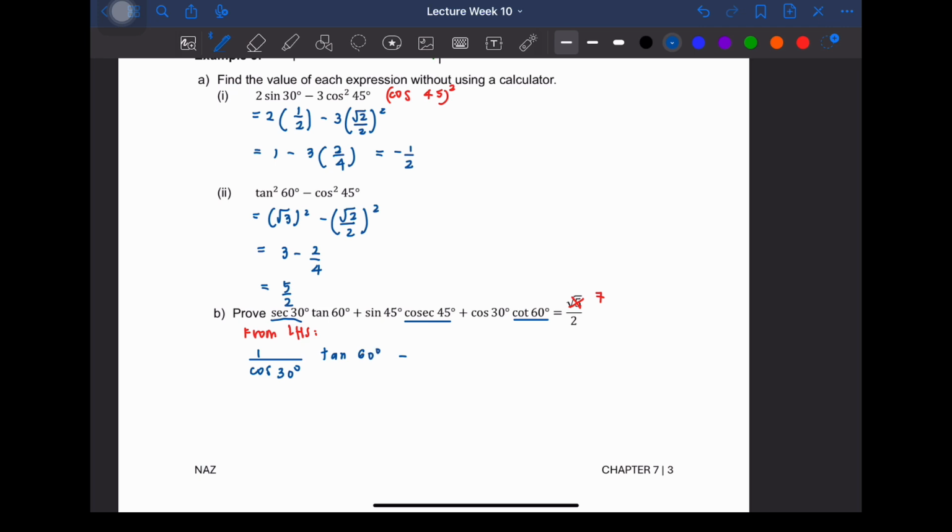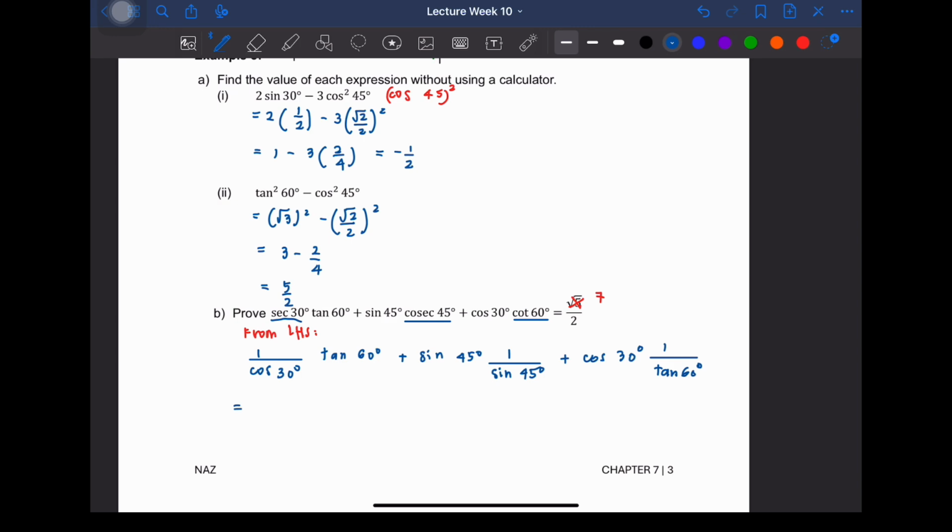Right, and then plus sine 45. Okay, so cosecant is equal to 1 over sine. And then lastly we have plus cos 30 degree times 1 over tangent 60.